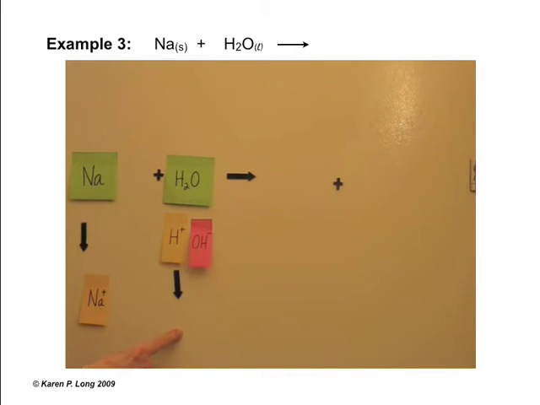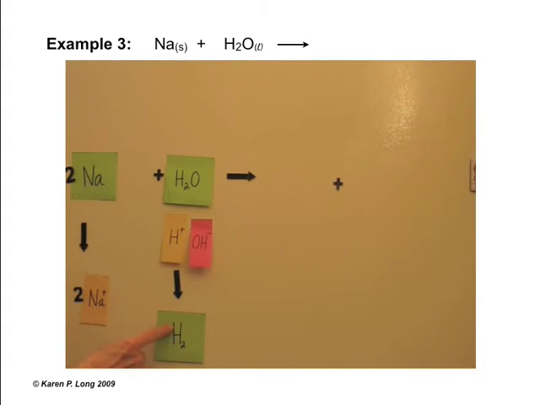What we're going to have is H2. That means we have to take 2 sodiums, giving up 2 electrons to make 2 sodium ions and 1 H2.